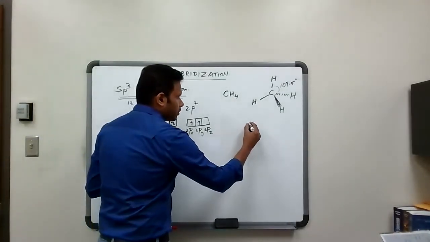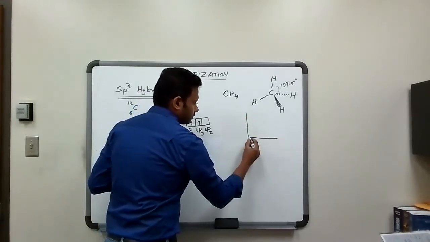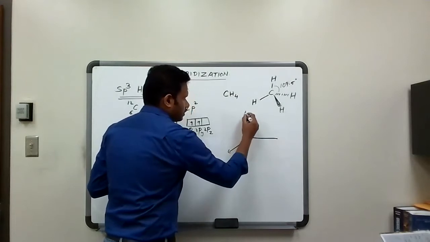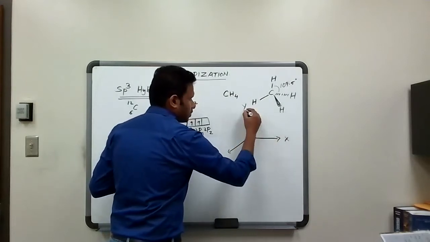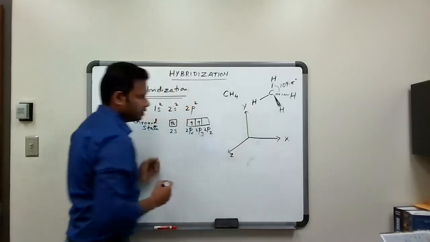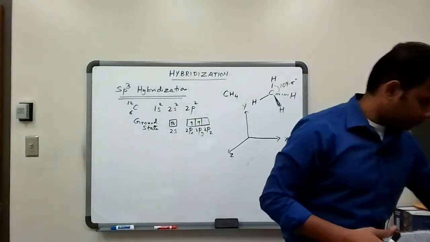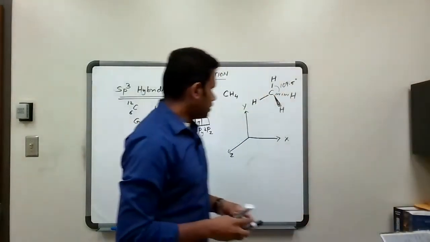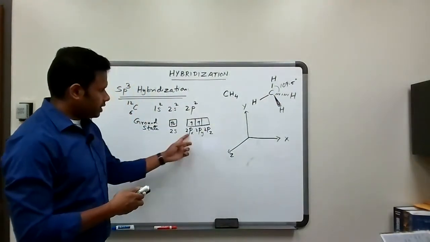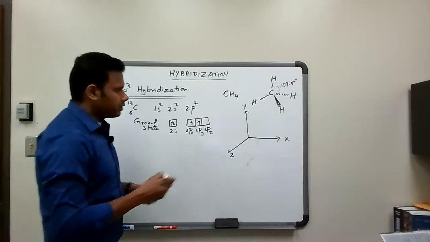So when we think about coordinate axes, x, y, and z, the way we understand the px, py, and pz orbitals is that the orbitals have some directionality.